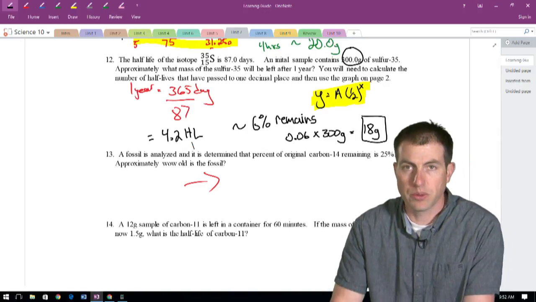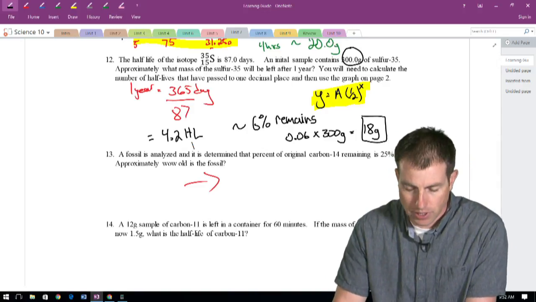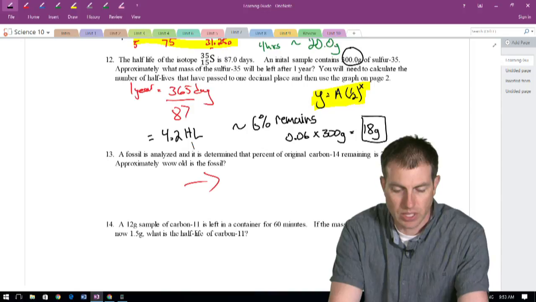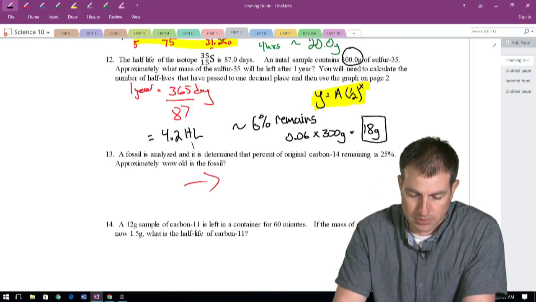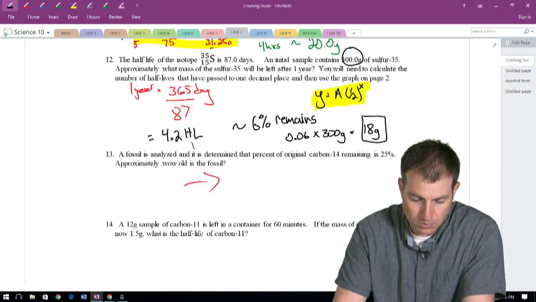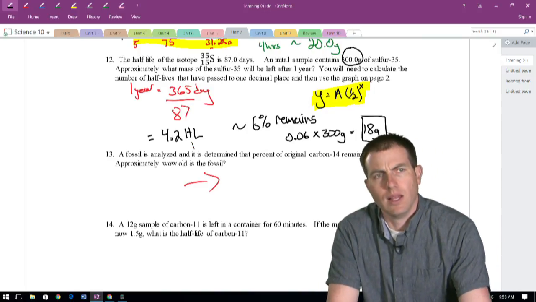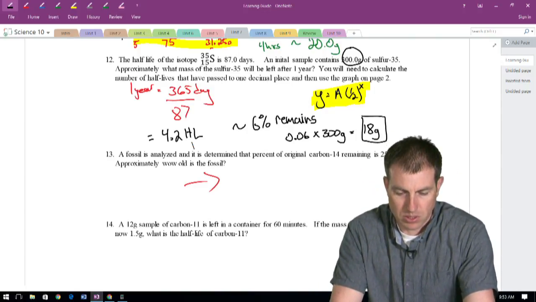So if I start with 300 grams, after 365 days, I will have 18 grams remaining. Does that help you at all, Eric, or does that make you more confused?